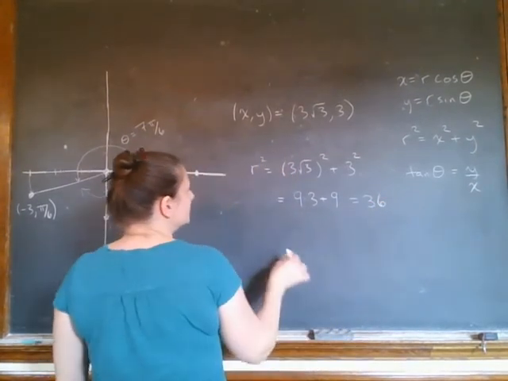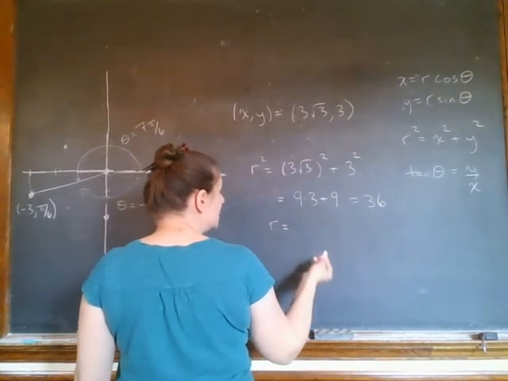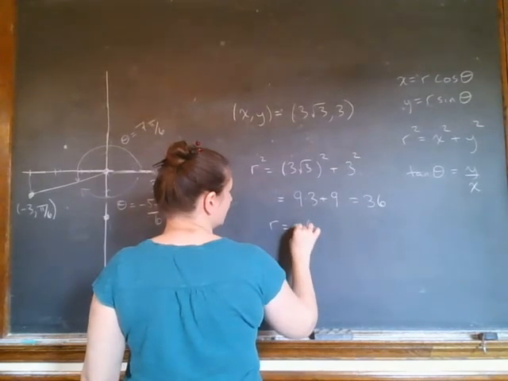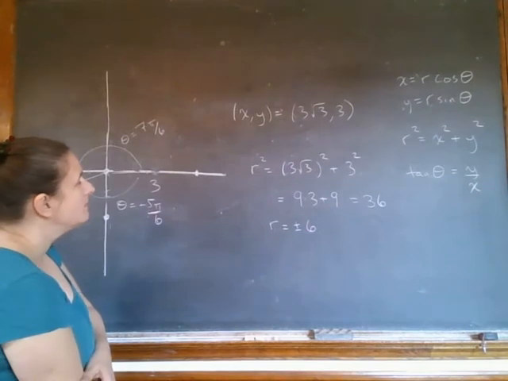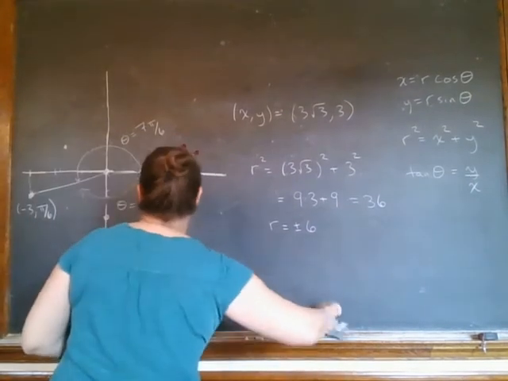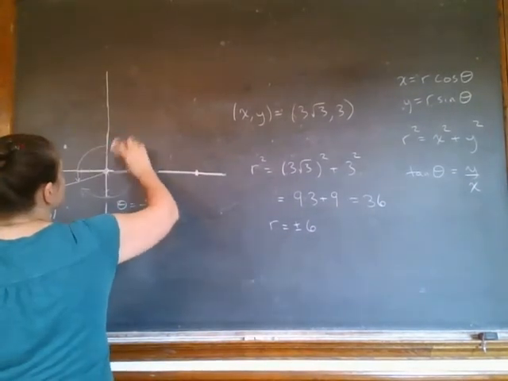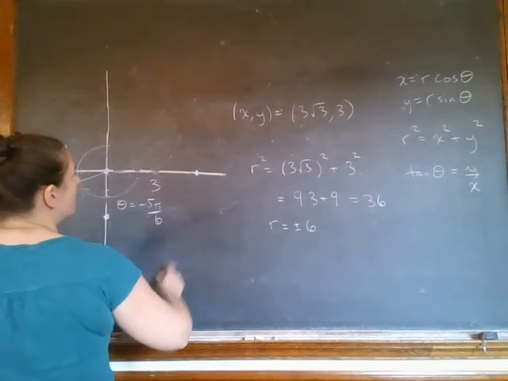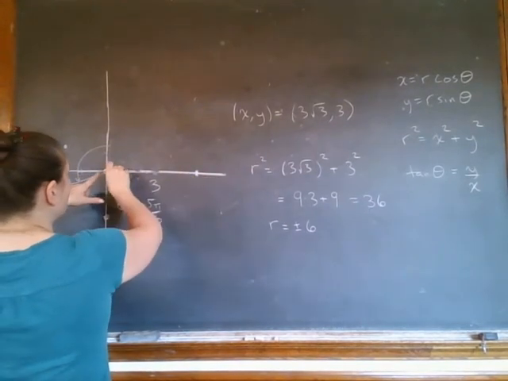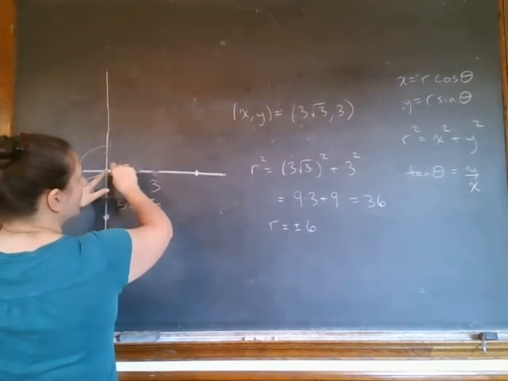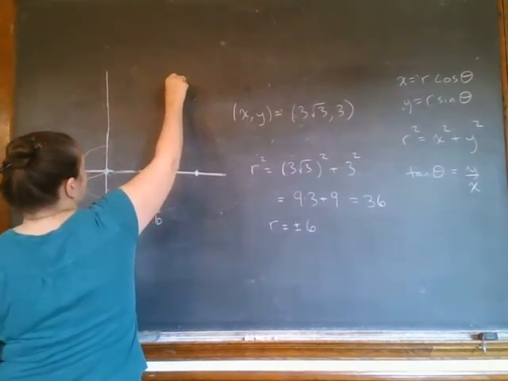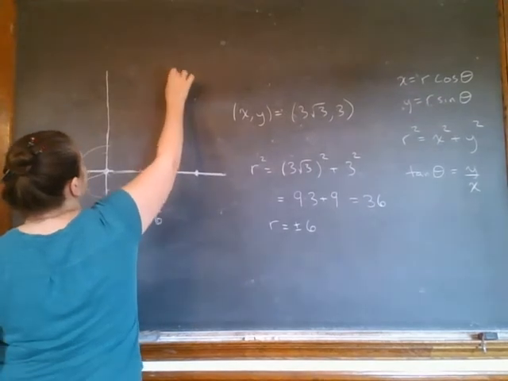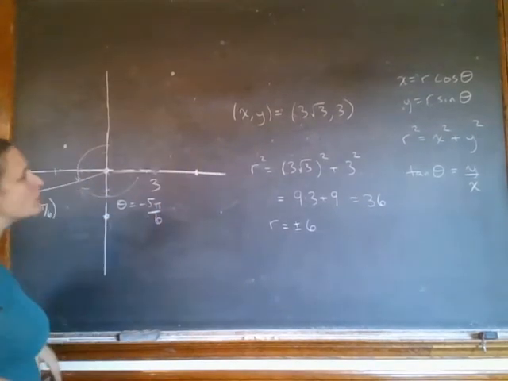So my r is either 6 or negative 6, okay? But in fact, if I think about drawing this, I can actually draw the point here, 3 root 3, 3, so this is going to be something up here. A little further.